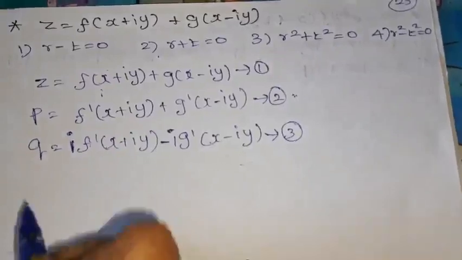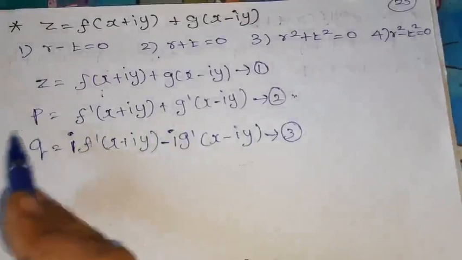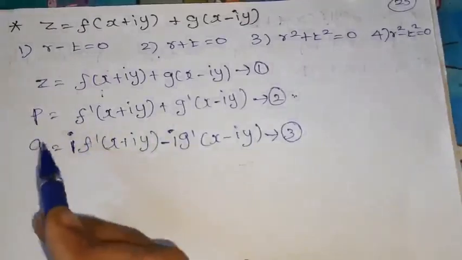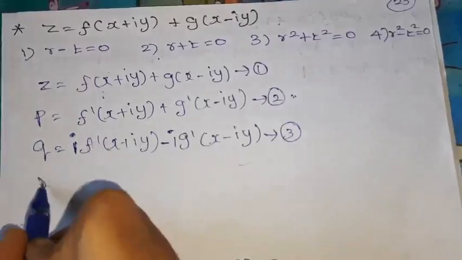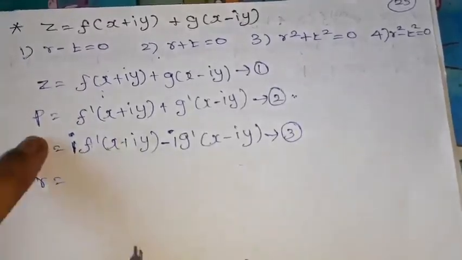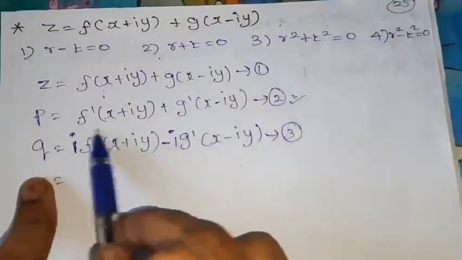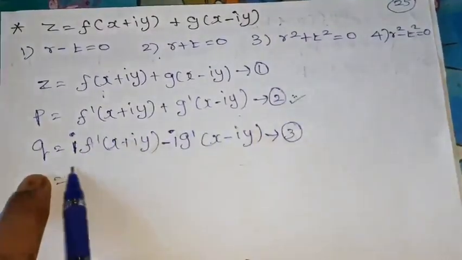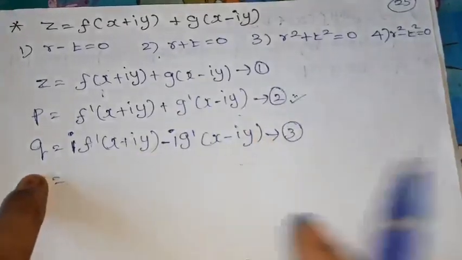That is dou z by dou x, so differentiating again with respect to x we get dou squared z by dou x squared, which is equal to r. We need to partially differentiate this term with respect to x, and in equation 3 we need to partially differentiate with respect to y.